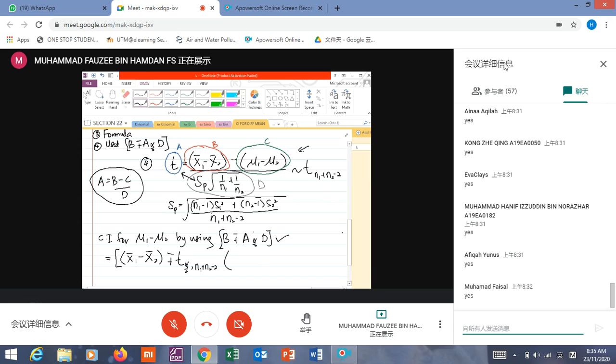Multiply with D. What is your D? SP times the square root of 1 over n1 plus 1 over n2. Ta-da! That is the confidence interval for case number 4.